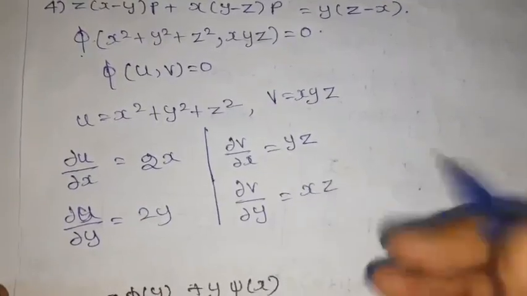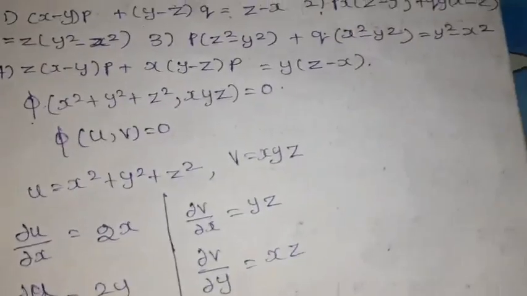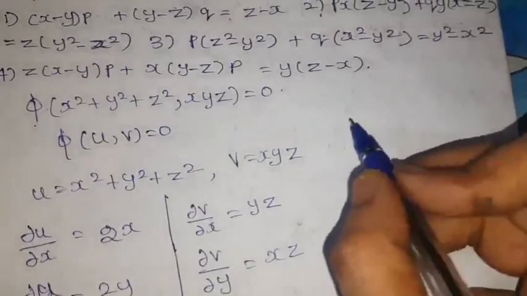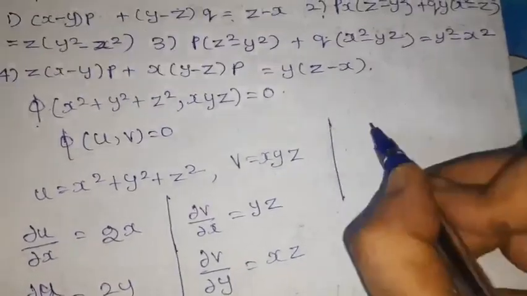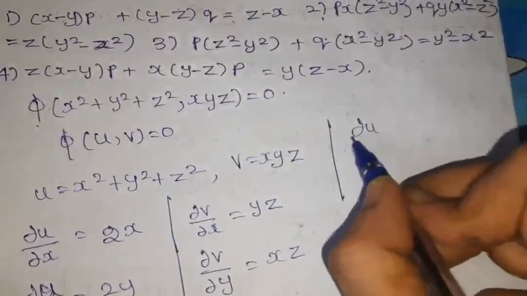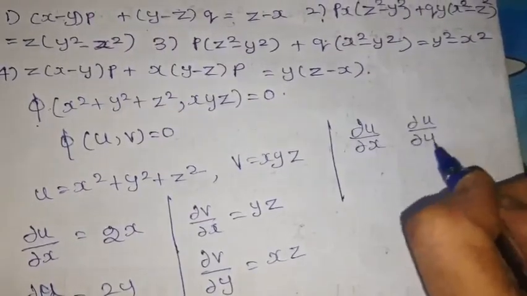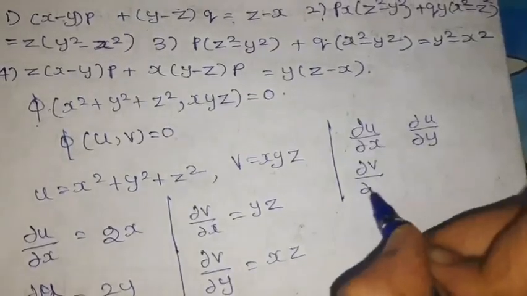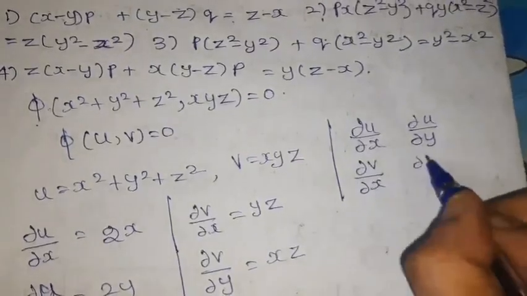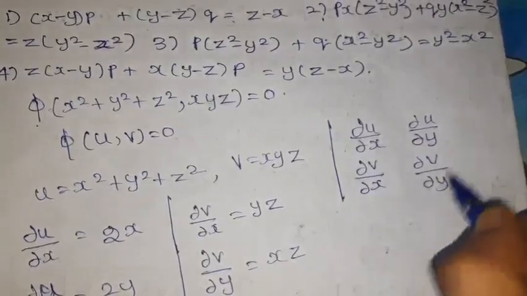Then the required PDE is the determinant of dou u by dou x, dou u by dou y over dou v by dou x, dou v by dou y. This is the required PDE, partial differential equation.